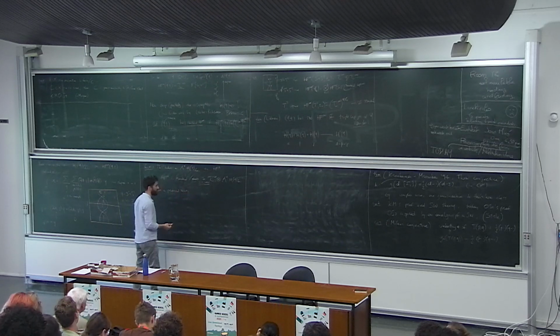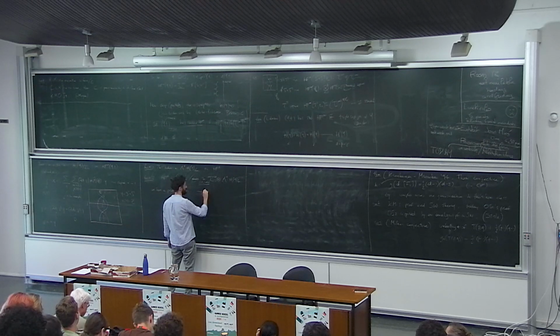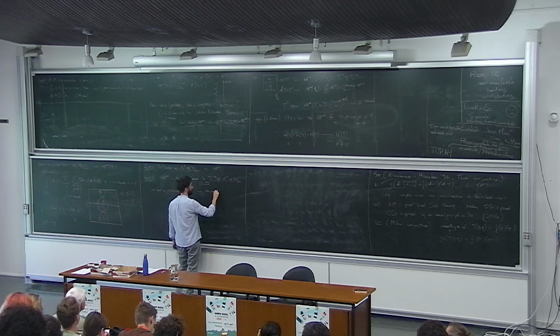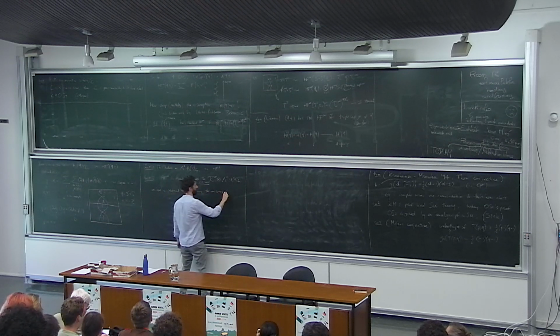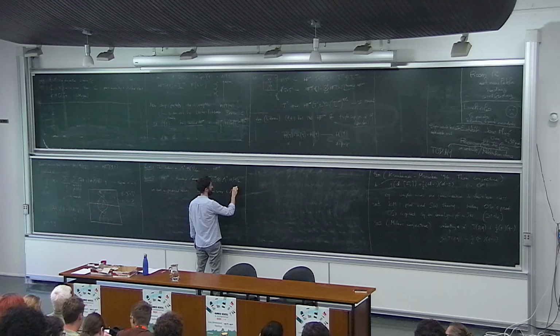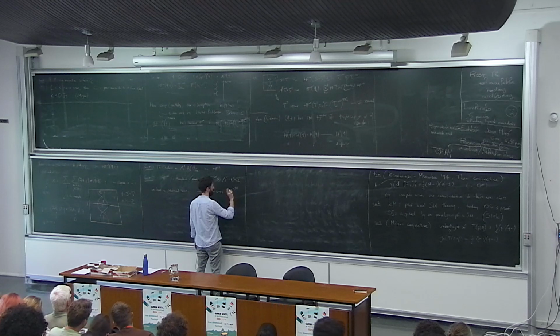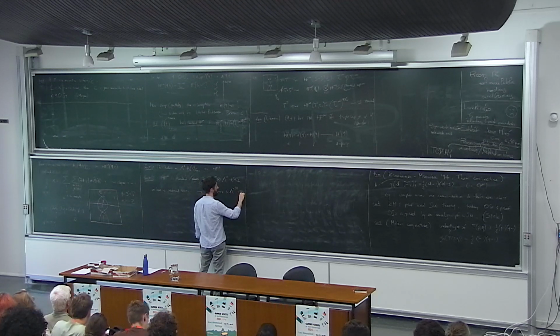Which I can view in 2 ways. It's either the tower corresponding to lambda to the b1 of Y of H1 of Y torsion.